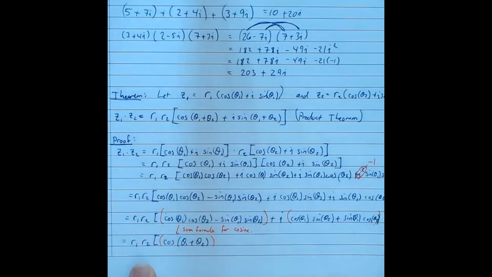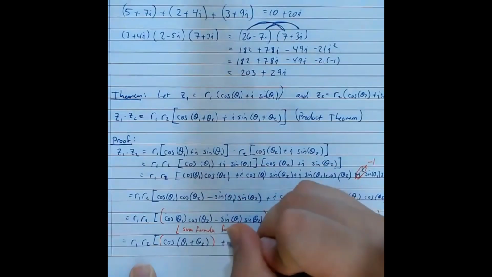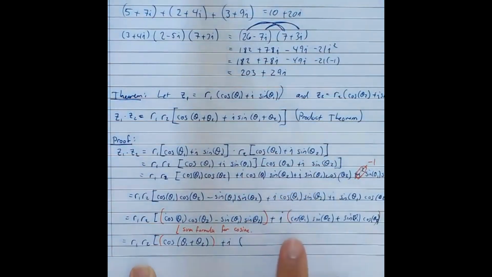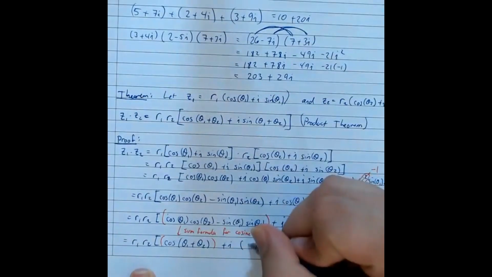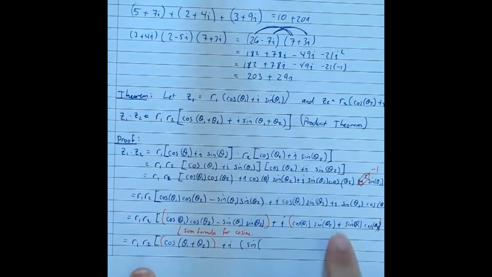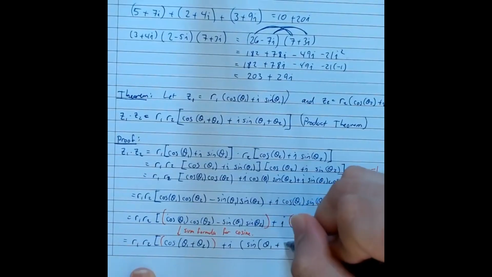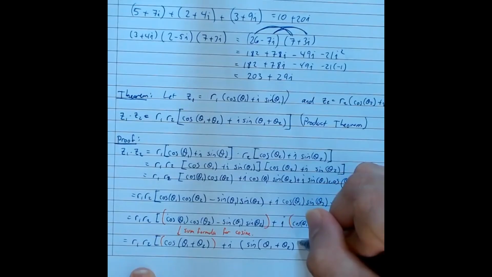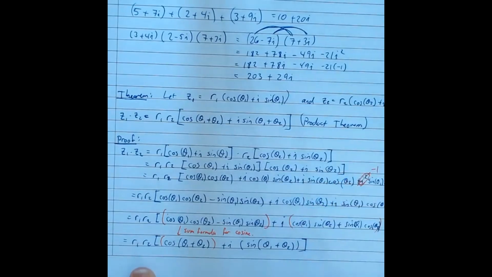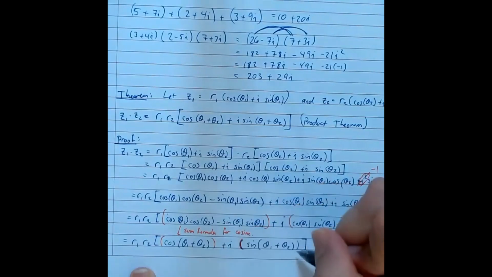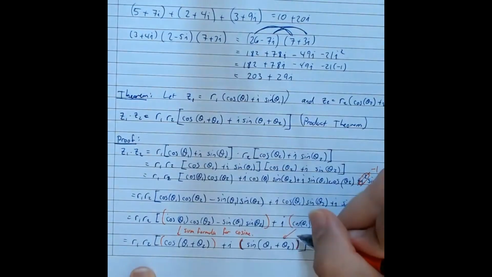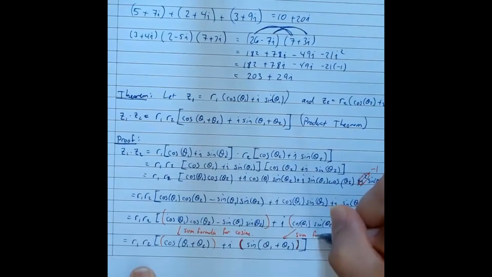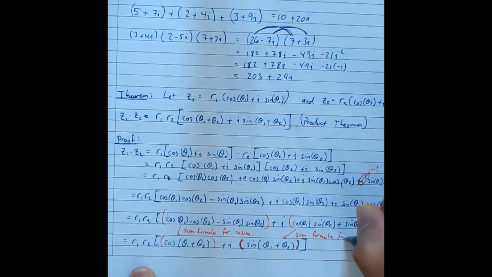Likewise here, there's a plus i times something. Well, that something you might recognize as being the sum formula for the sine function. So here that's going to be the sine of theta 1 plus theta 2. Just like that. The transformation from here to here is just the sum formula for sine.